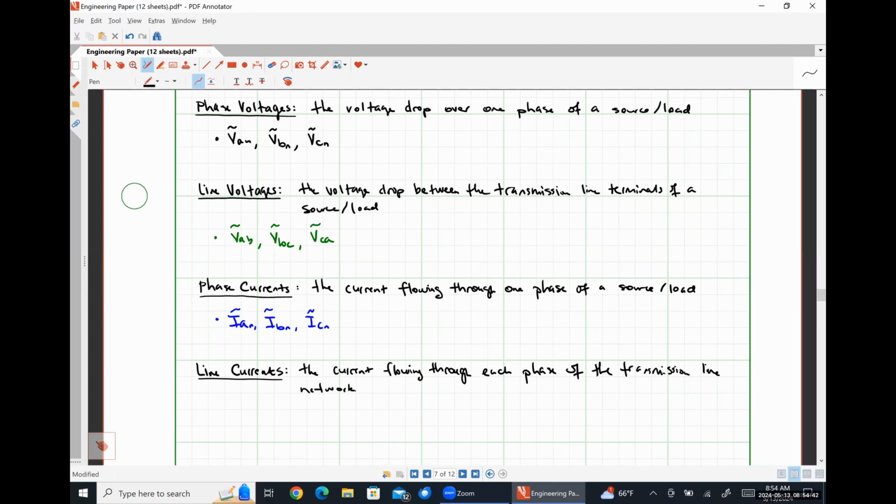Let me know when you've finished writing down my little definition here so we can scroll back up and kind of identify these.